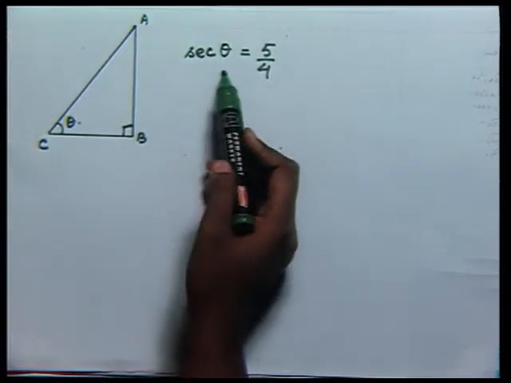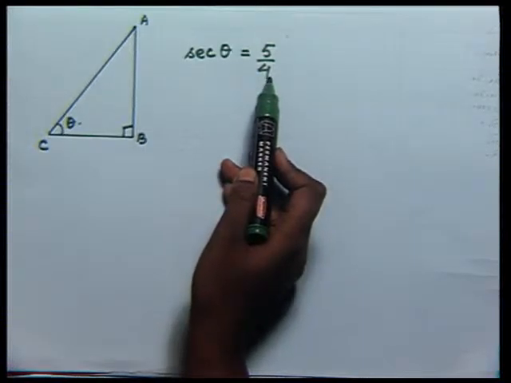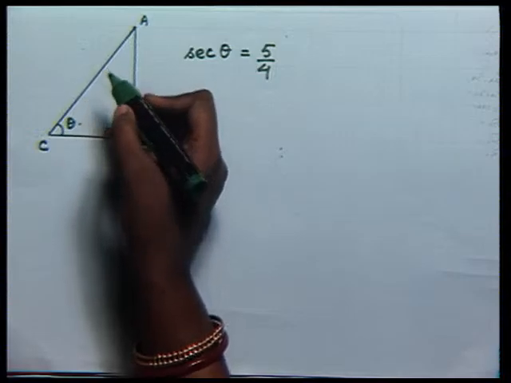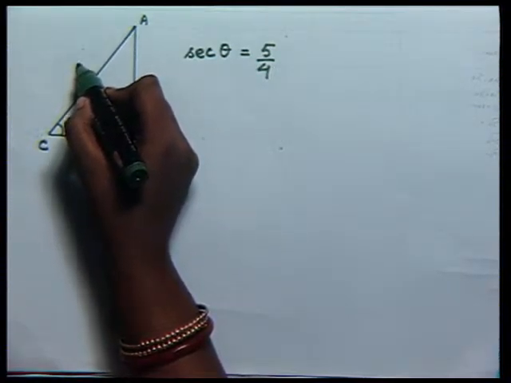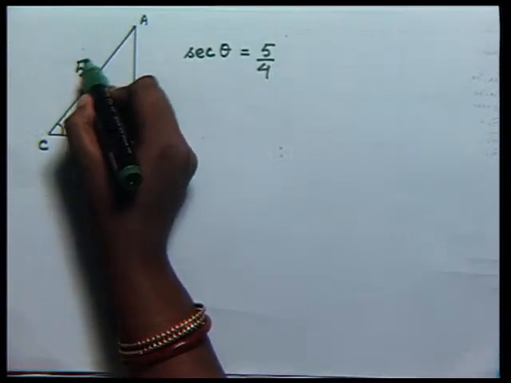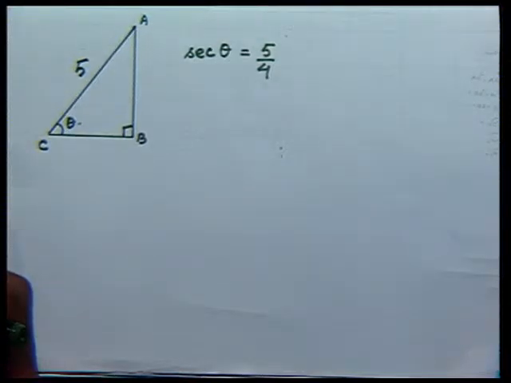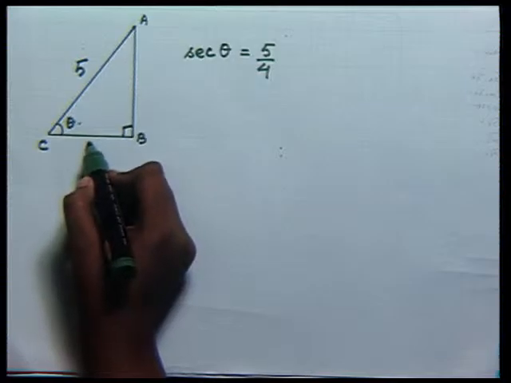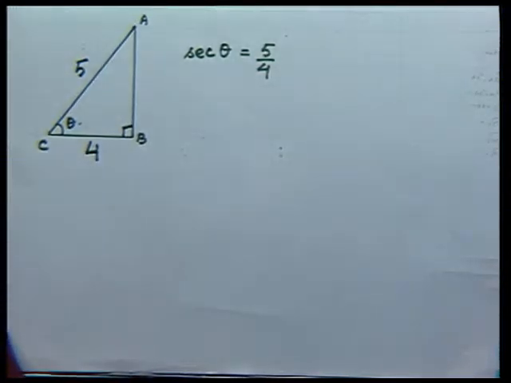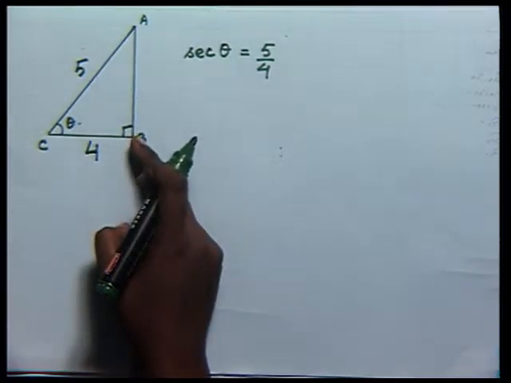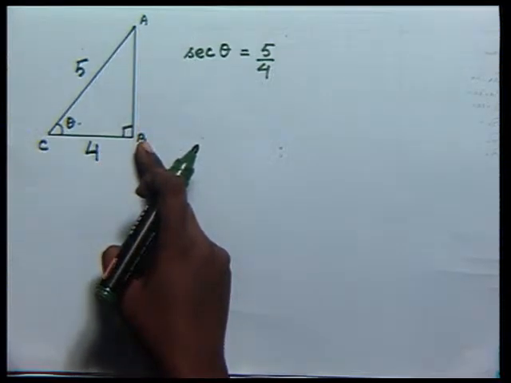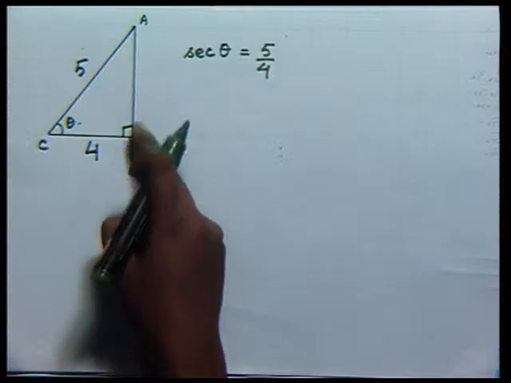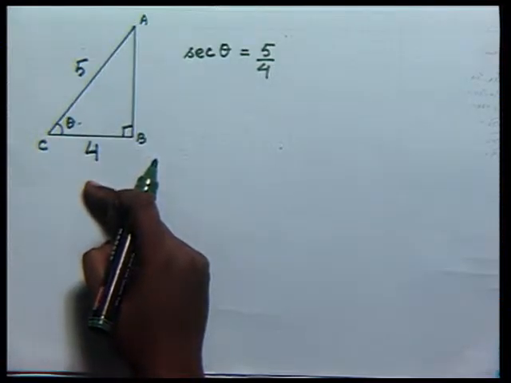Since sec theta is equal to 5 upon 4, and sec theta is the ratio of the hypotenuse to the adjacent side, hypotenuse will be 5 units and BC will be 4 units. We have to find out the side AB. If we can find this side AB, then we will be able to get all the 5 ratios.